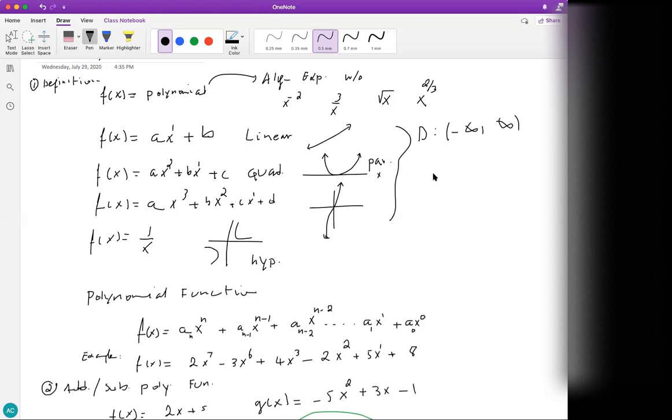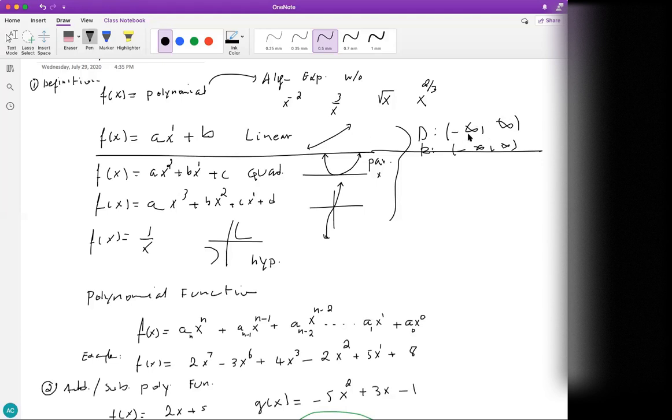For the range of a linear function, the range is always this as well. So for linear functions, it's always going to be like this, both the domain and range, because the line is basically an infinite number of points. It keeps extending in both directions infinitely.